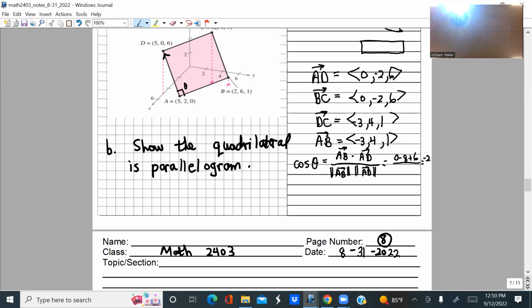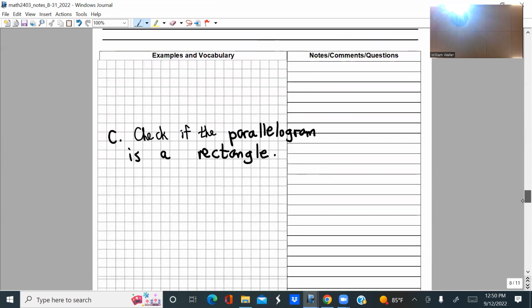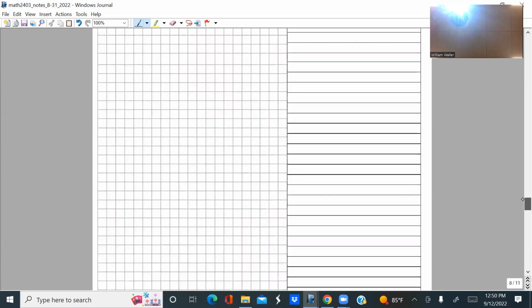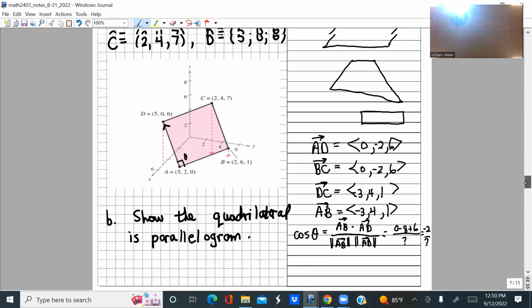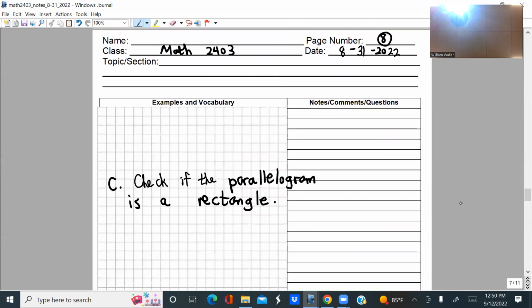So we really don't care what the denominator turns out to be, because this dot product is not going to be 0. So they're not perpendicular to one another. So that's the check. Doesn't look like that nice parallelogram is really a rectangle.